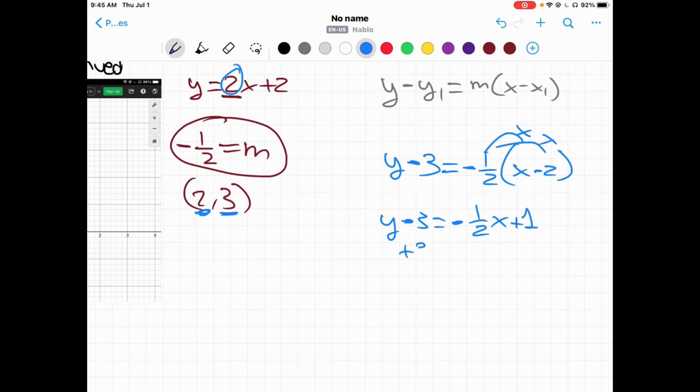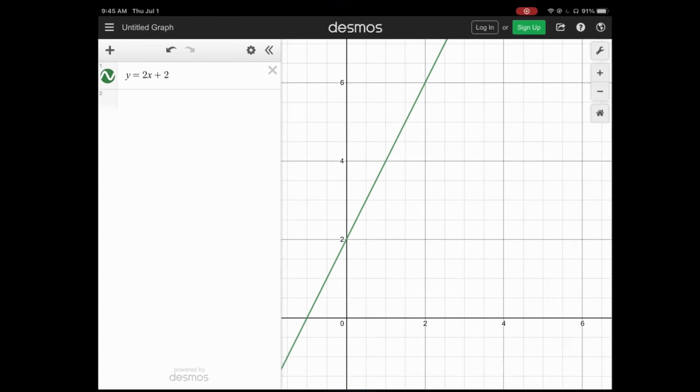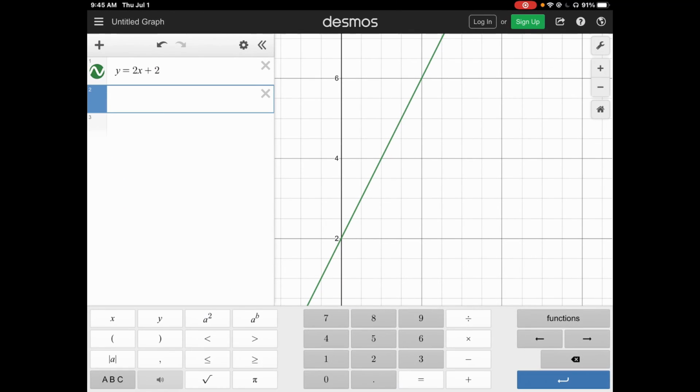Now we would add 3 to both sides, and we would get that y equals negative 1 half x plus 4. So as you can see, they are perpendicular since the slope is the negative inverse of 2 and the y-intercept is 4. So now let's see if this would work.